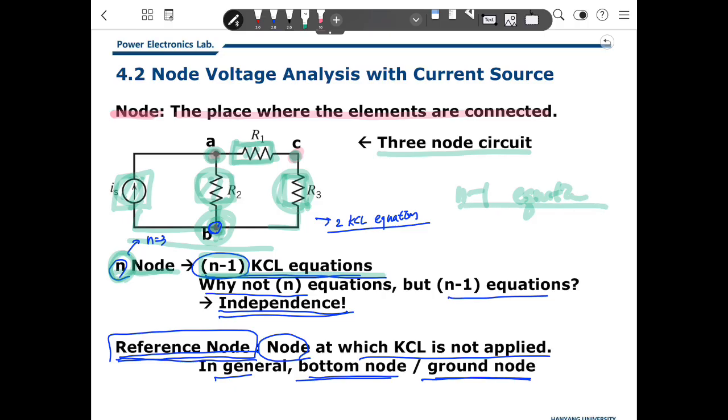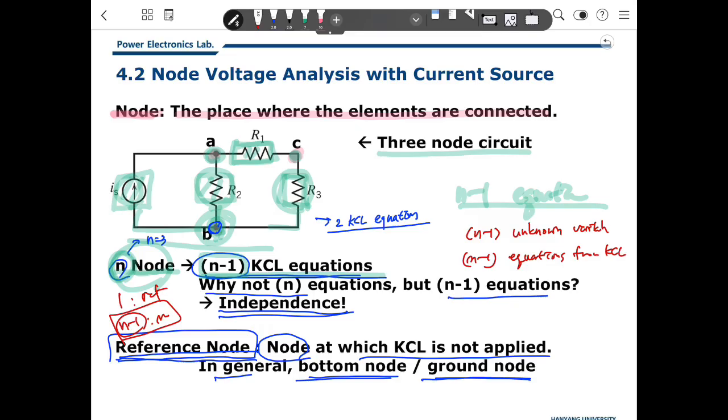And how many variables do we have? When you have n nodes, and among them one node is a reference node, then n minus 1 nodes have a node voltage. That means we have n minus 1 unknown variables, and we have n minus 1 equations from KCL.